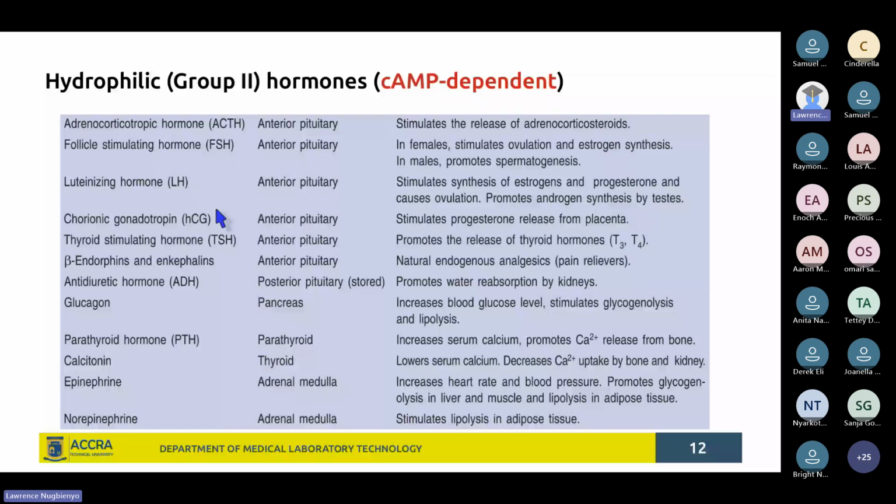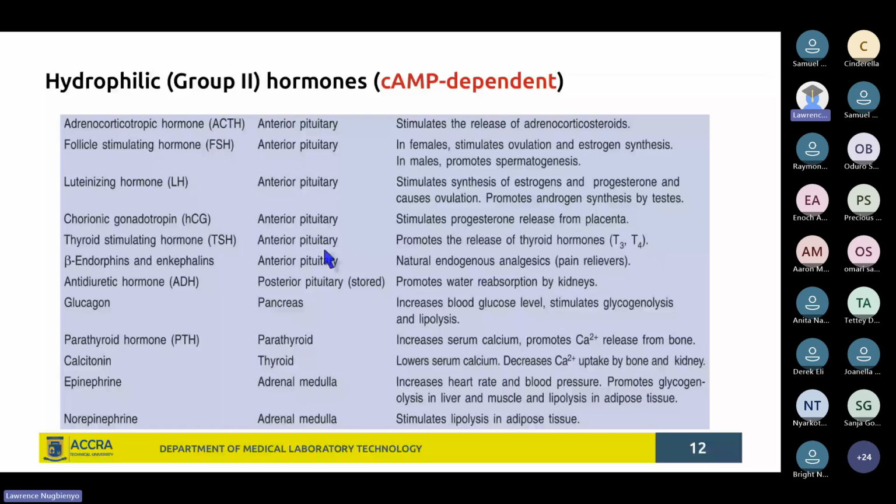You have the adrenocorticotropic hormone secreted by the anterior pituitary. In fact, if you look at all of these, you realize that adrenocorticotropic hormone, follicle stimulating hormone, luteinizing hormone, chorionic gonadotropin, thyroid stimulating hormone, endorphins and enkephalins, all of these are secreted by the anterior pituitary. They are all secreted by the anterior pituitary in the brain.